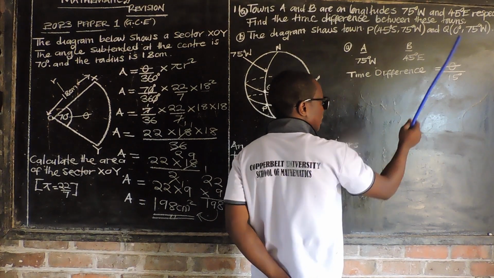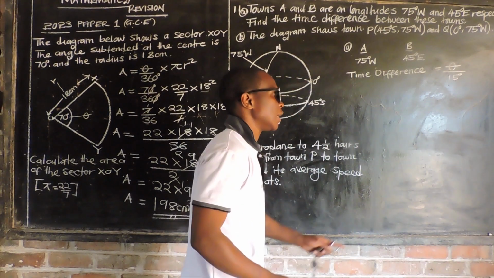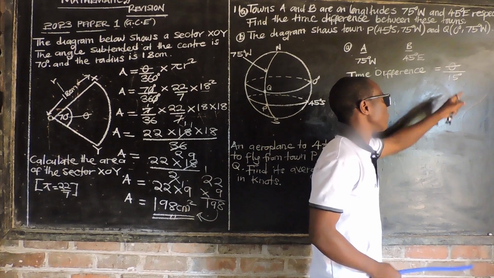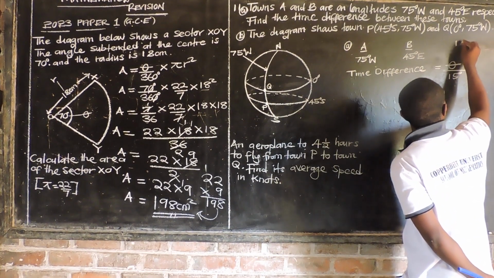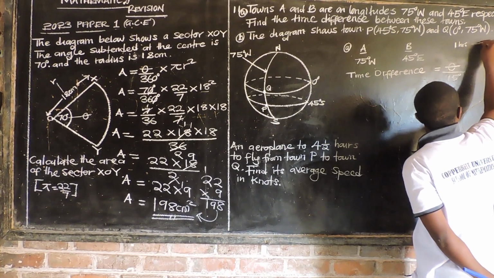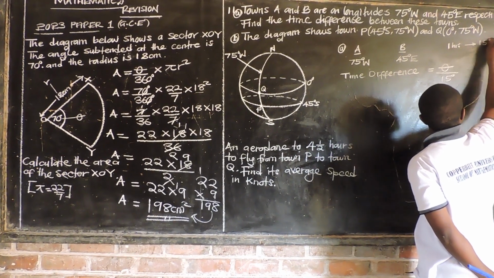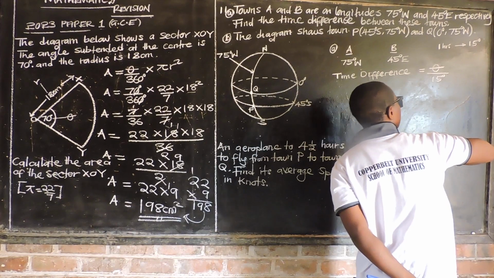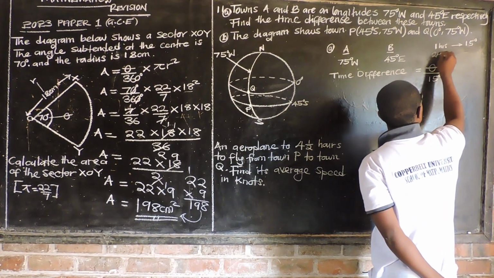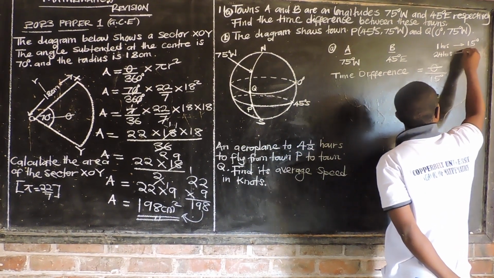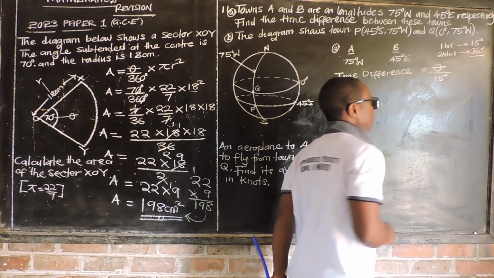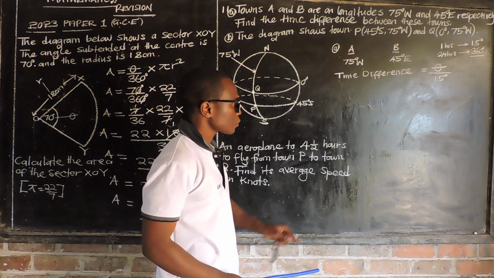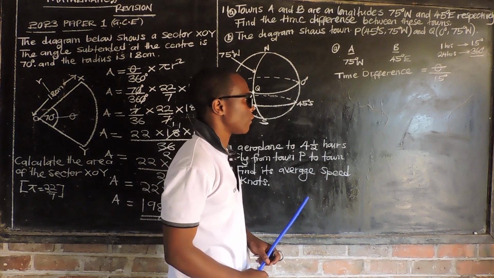Where does this 15 come from? We know that 1 hour is equal to 15 degrees, then 24 hours is equal to 360 degrees.